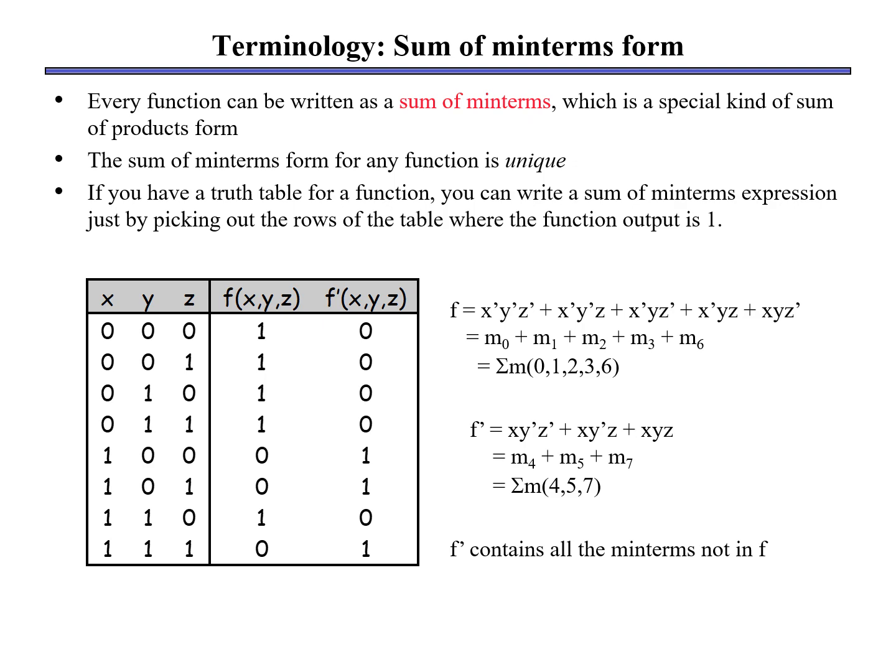This is the function F. For F bar, the value is M4 plus M5 plus M7, because for the fourth, fifth and seventh min terms, the value is 1. So F bar is equal to M4 plus M5 plus M7. These are all the SOP terms for the 3 variable functions.